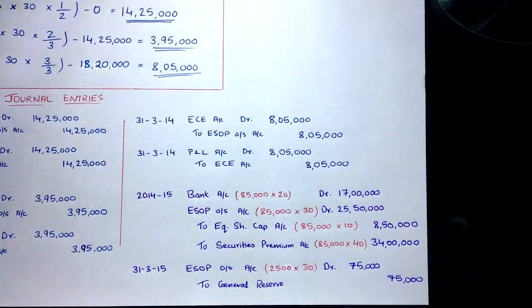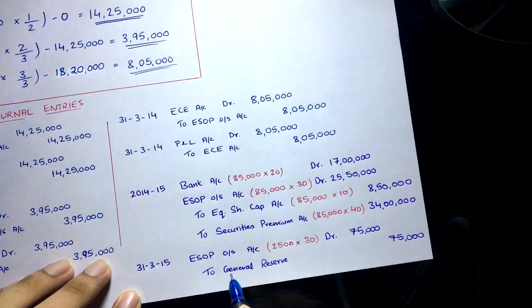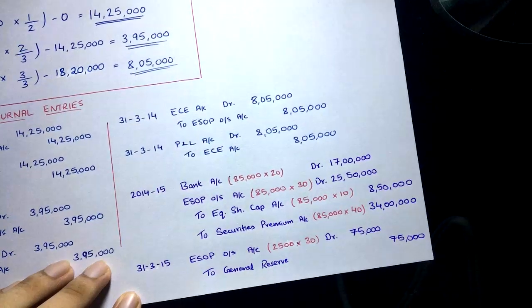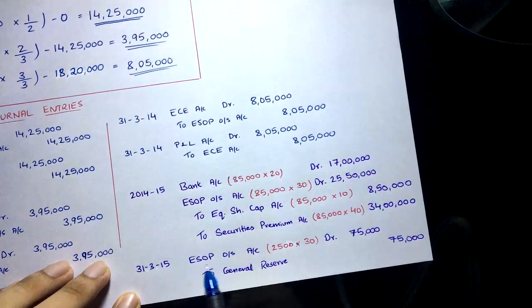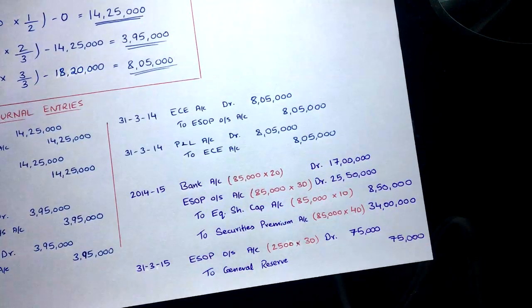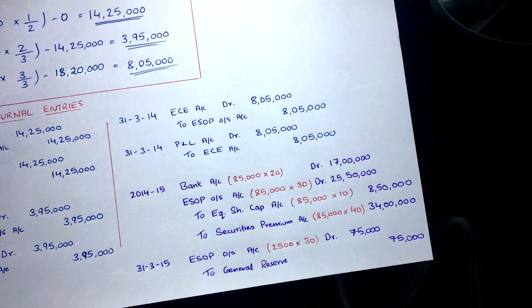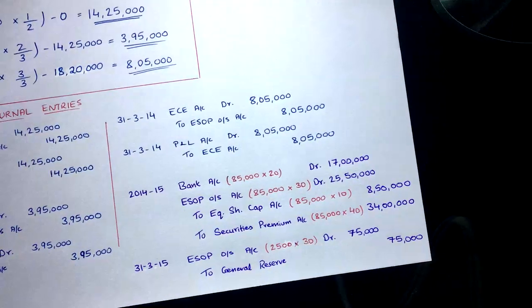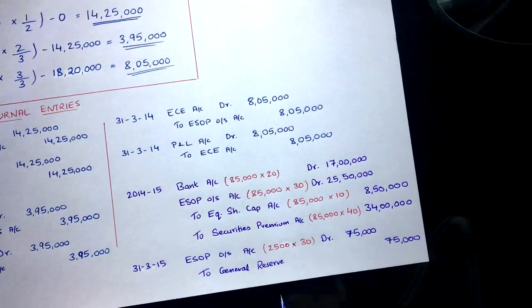So what do we do with that? We transfer the ESOP outstanding account to general reserve. Whenever options lapse at the end of the exercise period, we pass an additional entry. ESOP outstanding account debit, to cancel the liability, because you recognized the liability earlier, so we have to completely remove it. We removed it to the extent options were exercised, but the lapsed options you have to take over here.